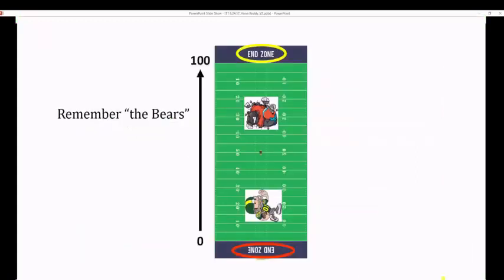Come back to football one more time, I promise. I know we probably have non-football fans in here, but take that analogy I gave you. Remember the Bears? The Bears are this team up here who have to get down to their orange end zone to score.